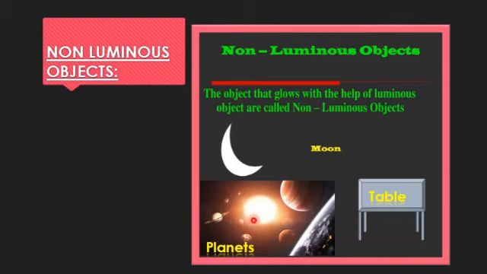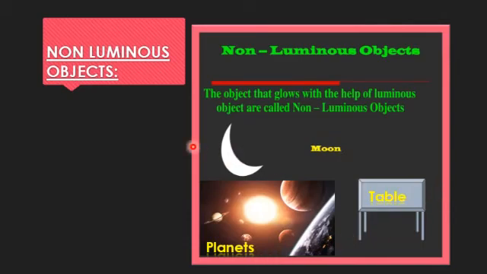So due to this phenomenon of reflection, these objects appear to be glowing. The same is the case over here in the case of a table. If it has a plane surface, light from the luminous source strikes it and is reflected, and due to that reflection these objects appear to be glowing. Examples of non-luminous objects are the moon, planets and table.